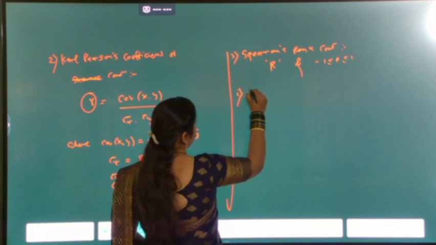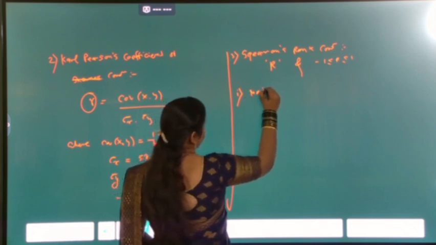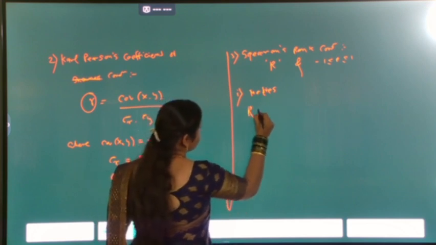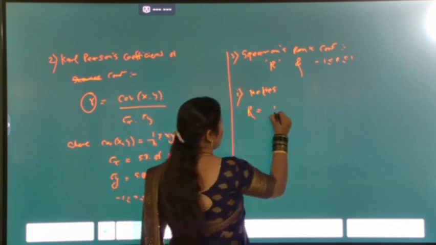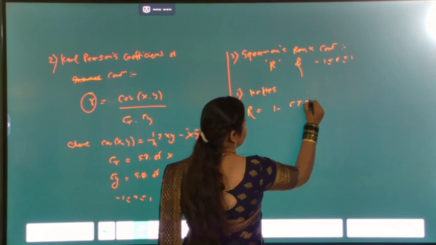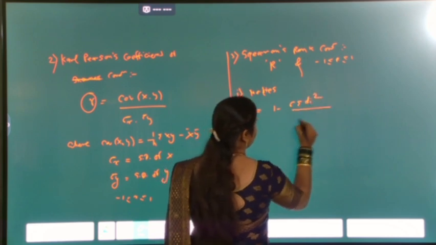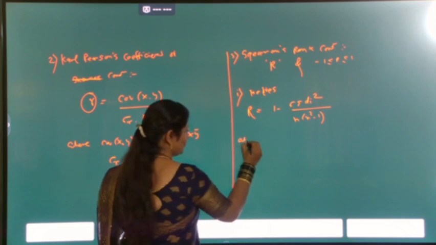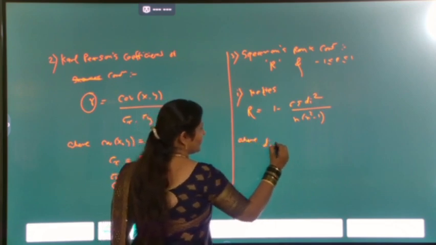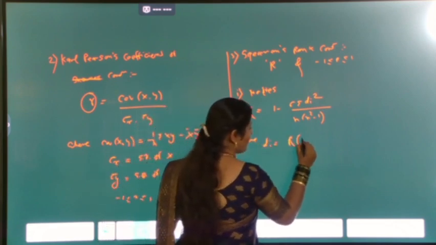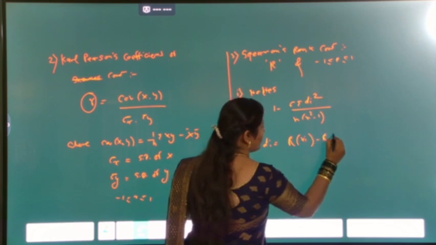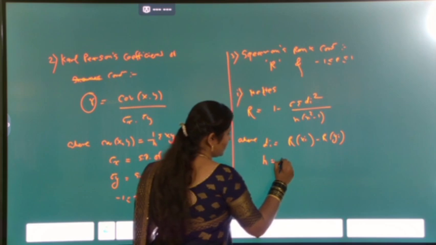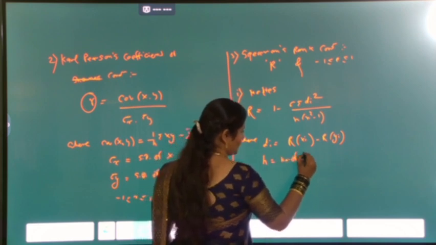First is no ties. Then the formula for Spearman's rank correlation coefficient is 1 minus 6 sum of di square divided by n into bracket n square minus 1, where di is the difference between rank of xi and rank of yi, and n is the number of observations.